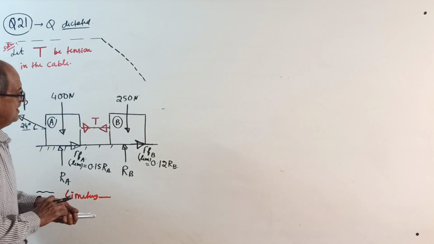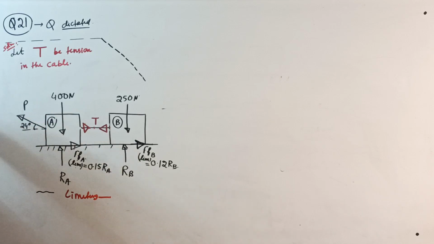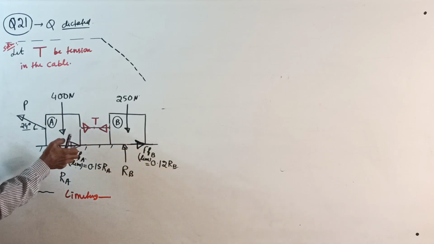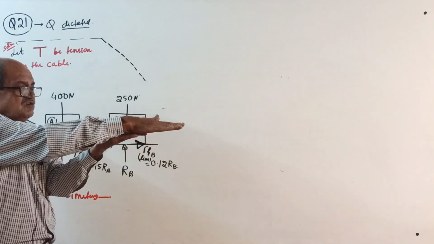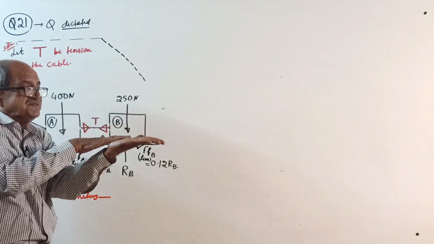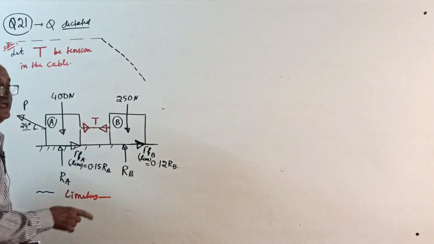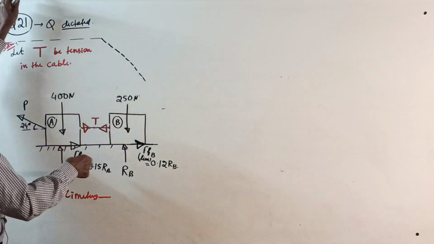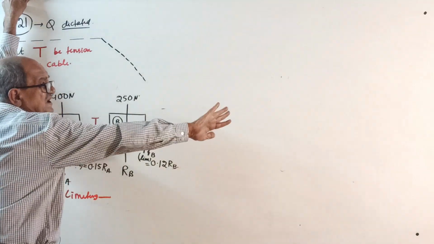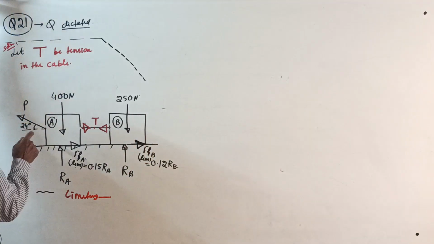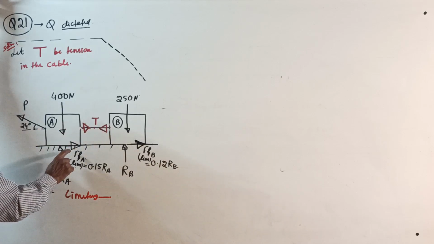Your force P will pull the system this way, so both contact surfaces will be rubbed like this, and the frictional force opposite will be to the right side. Last time the system was moving right side, so I put friction left side. Now the system is on the verge of moving to the left side, so friction is right side.